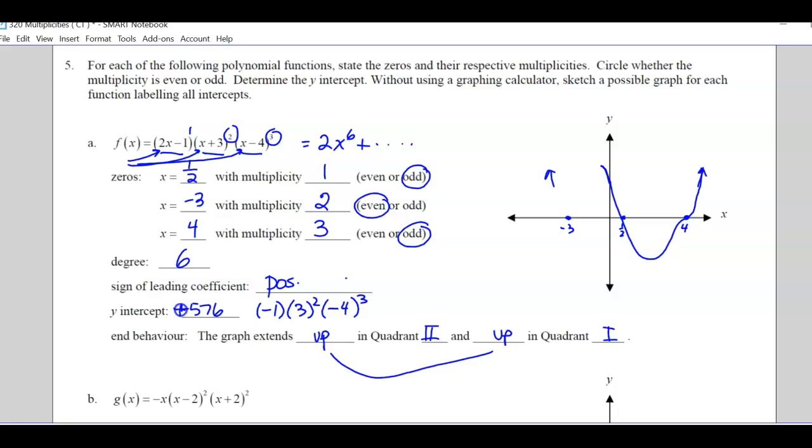And then it's got to come down, and at x equals negative 3, it's got to be U-shaped. And then back up. Okay, so this would be 576. And this would be that. Okay, so notice the difference between the shape at those. This is a zigzag here, and this is straight through.